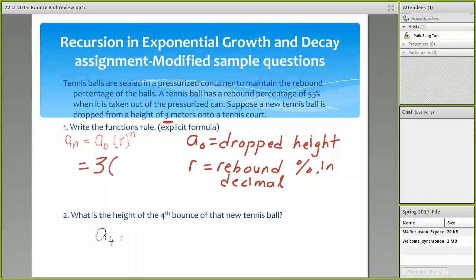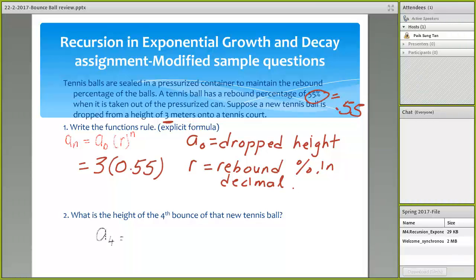But in this case, they drop at 3 meters, so your A sub 0 is 3, and make sure you put parentheses. And the rebound percentage is in percent, but you need to change it to decimal. So 55% here is equal to 0.55.